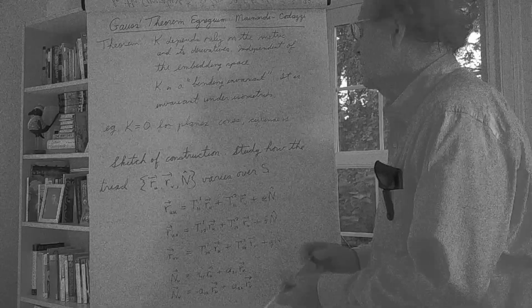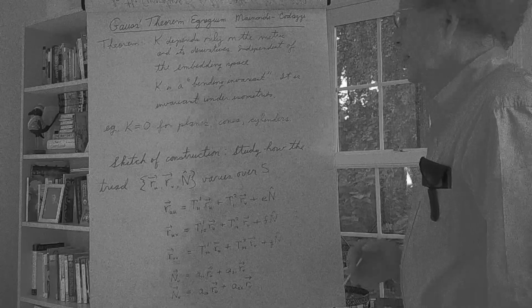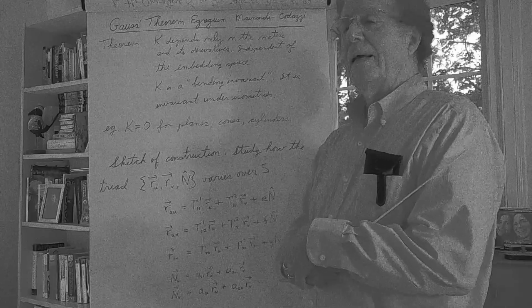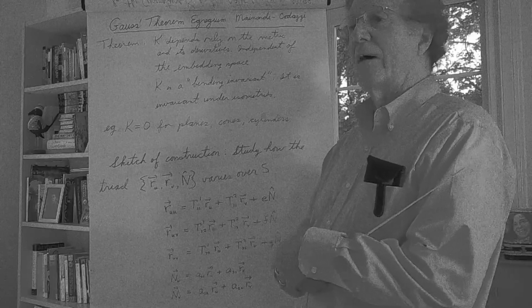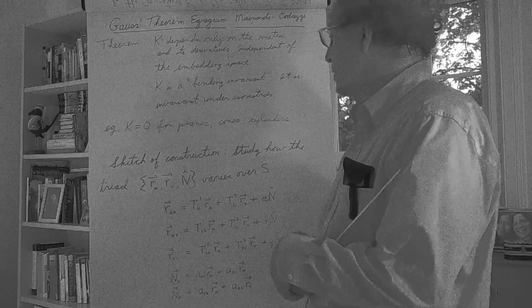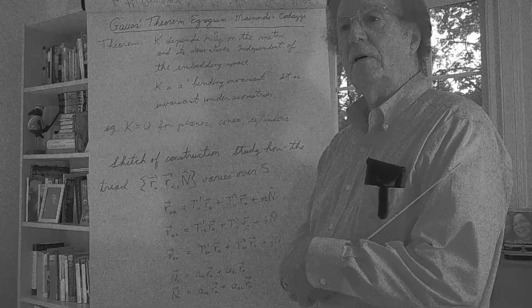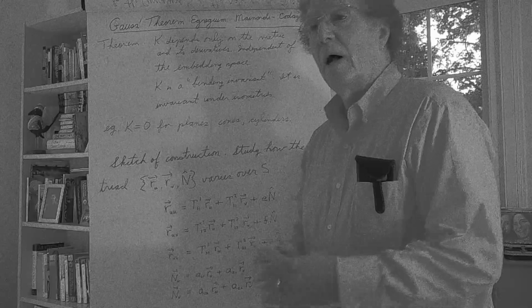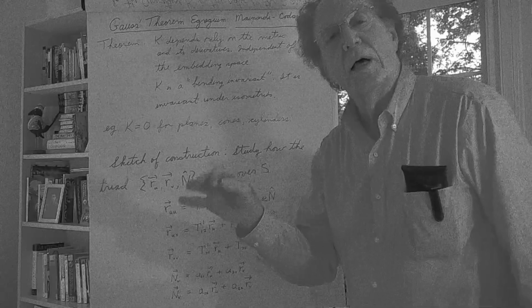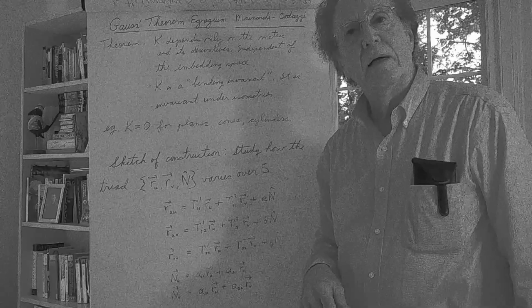Okay. So let's sketch the construction. How do I measure the Gaussian curvature along a surface? Well, usually I want to see how much it's curved as I move along the surface, and so at any point on the surface, I construct my tangent plane.